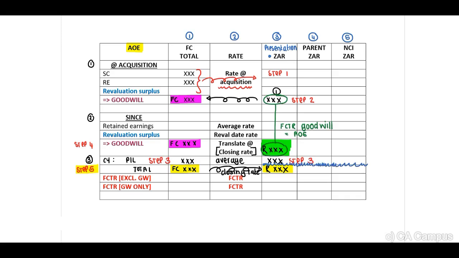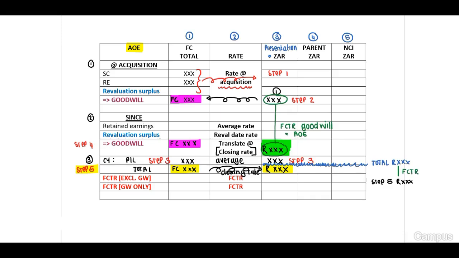If you've calculated your total rand value of your presentation currency, and in step 5 you translate the total of your foreign currency, remember now my step 5, total foreign currency, this difference will be your FCTR.